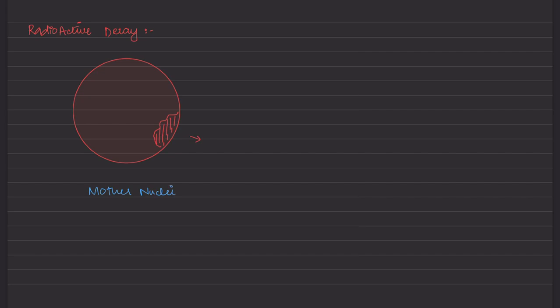The mother nucleus, or the parent nucleus, is now going to turn into a daughter nucleus, and right here we have these tiny particles which we call decay products.